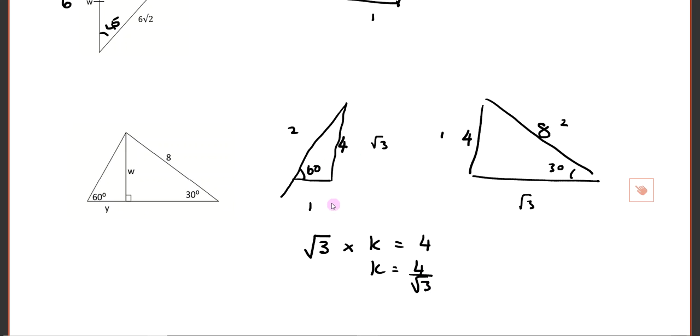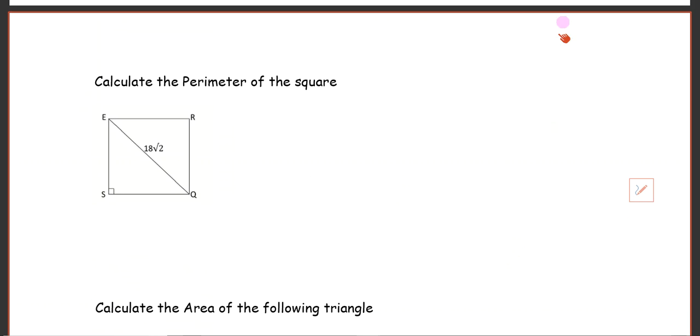So this y then will be 1 times 4 divided by root 3, or just 4 divided by root 3. Oh, I got it wrong before. So 4 divided by root 3. Okay? Makes sense? It's one way to do it, of course. That's using the similar triangle method.